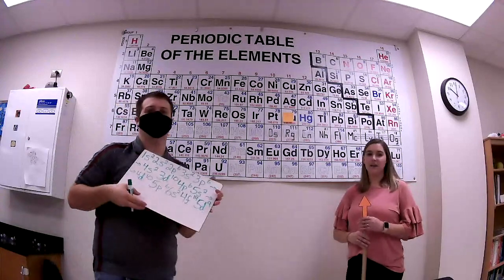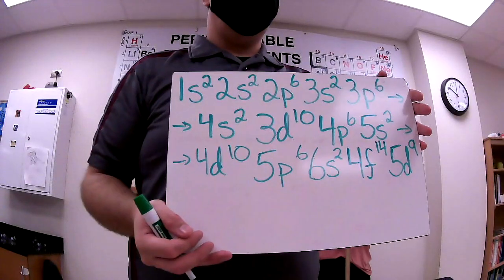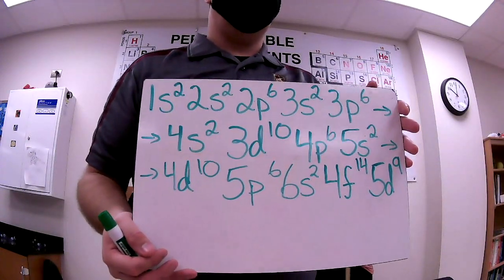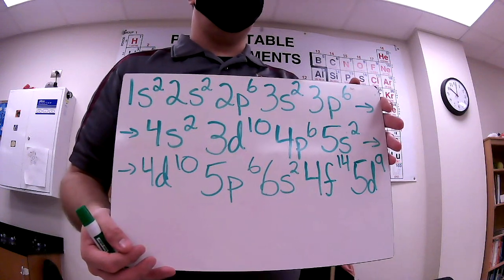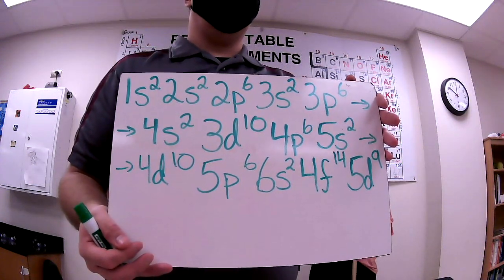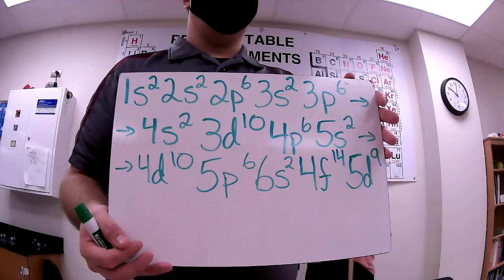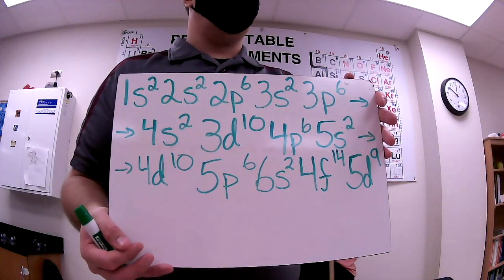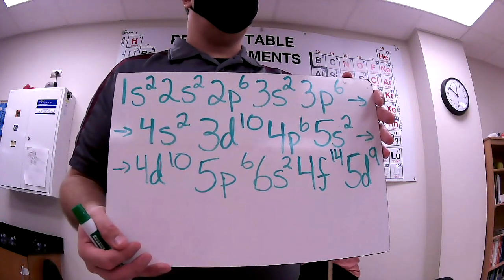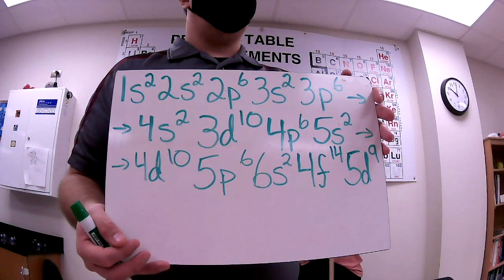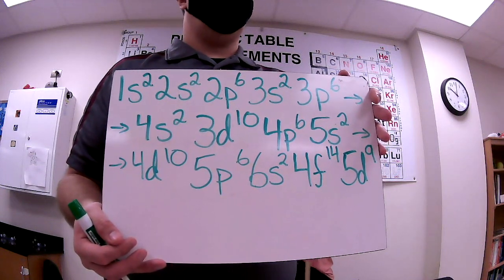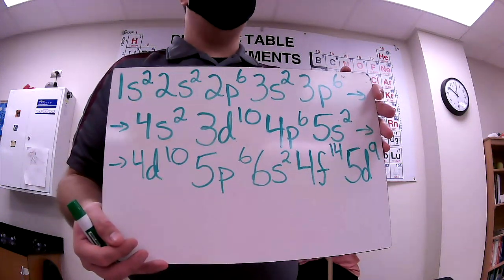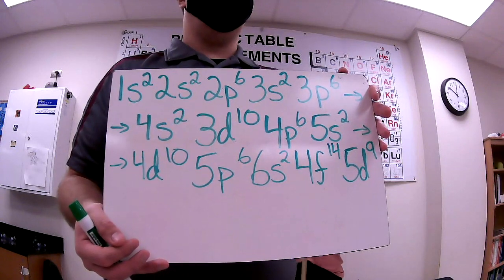So our final electron configuration is 1s2, 2s2, 2p6, 3s2, 3p6, 4s2, 3d10, 4p6, 5s2, 4d10, 5p6, 6s2, 4f14, 5d9.